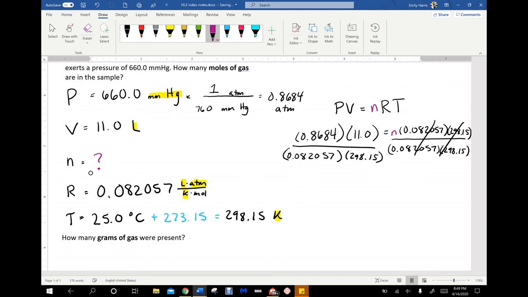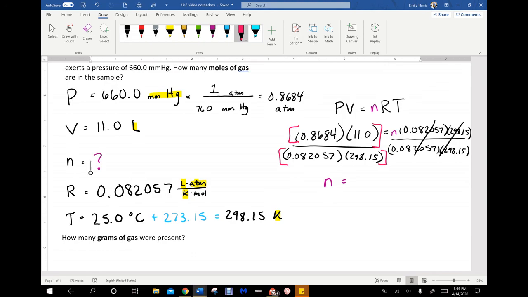All right, so now get that lovely calculator ready. And just be careful. Make sure that you have everything on top multiplied, divided by everything on bottom multiplied. So we'll have 0.8684 times 11.